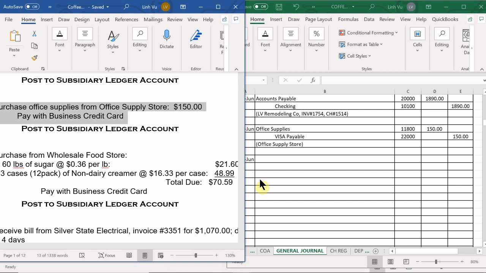What are they? They are in the general ledger. What is it called when I give you a list of all the accounts? The chart of accounts. So go ahead and take a look there.